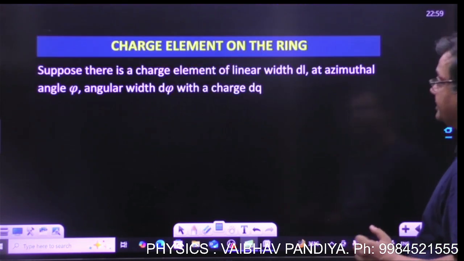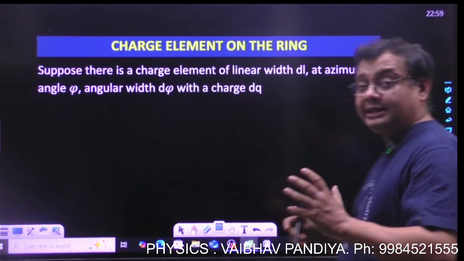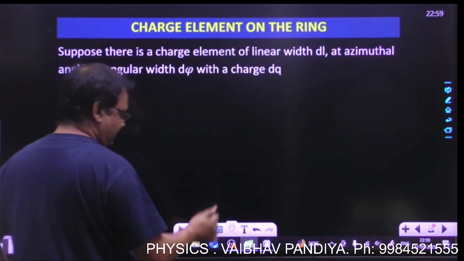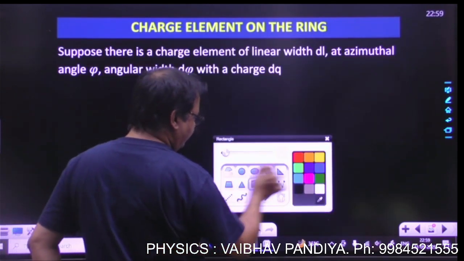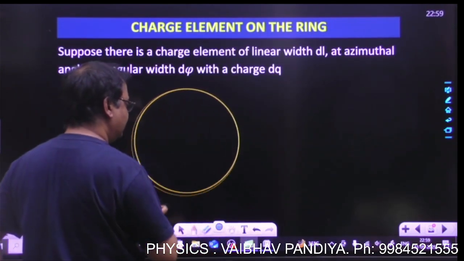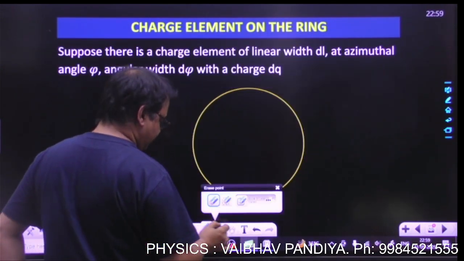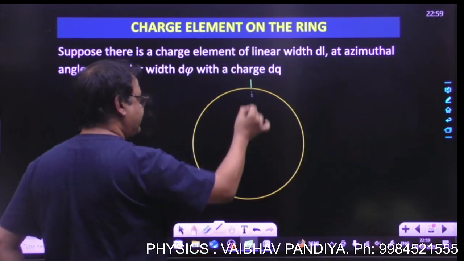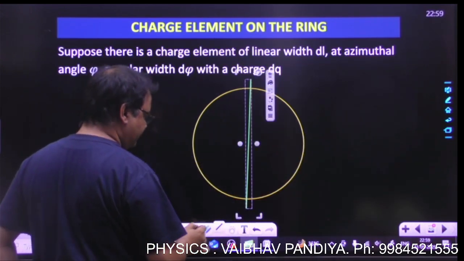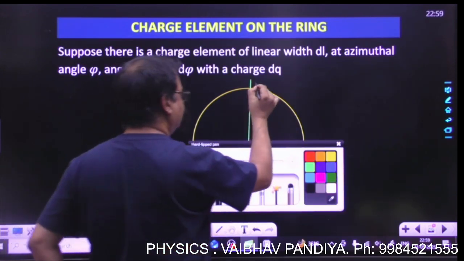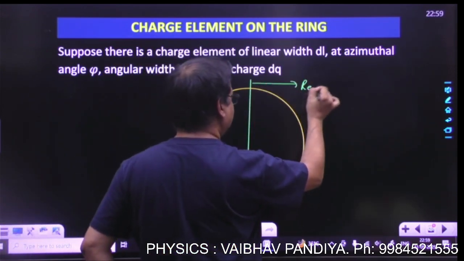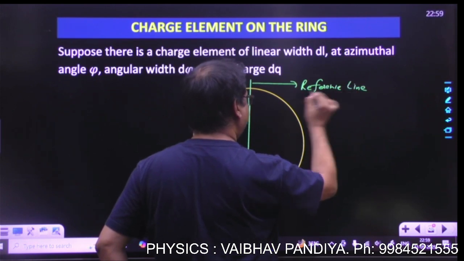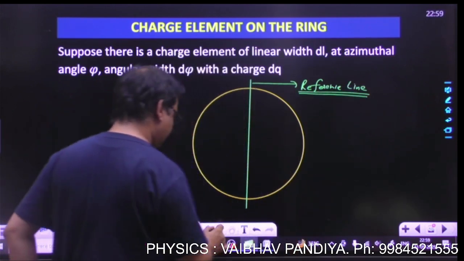Now see the next point. Let's see the application of this azimuthal angle in electrostatics. Suppose we have a ring like this, and this is the reference line, one of the diameters, which I am taking as vertical, for measuring the angle phi.